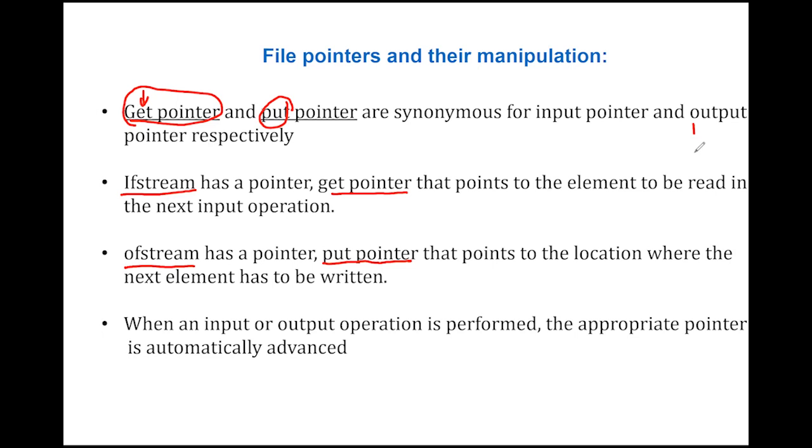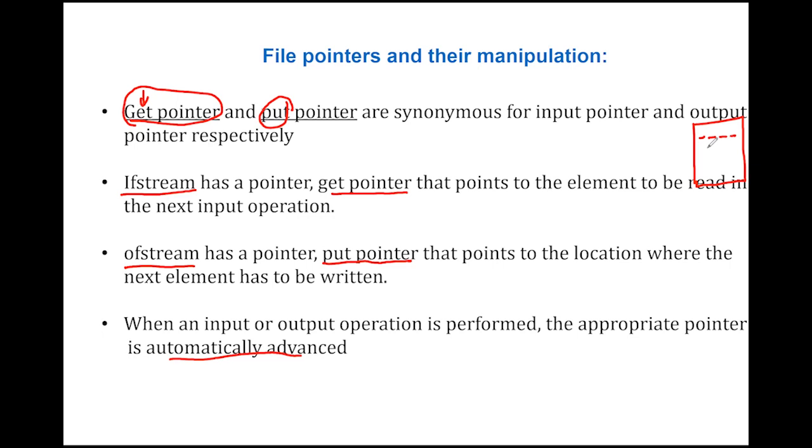Both these pointers, like I said, show us, when we are opening the file and reading or writing, the location of the next word or letter we are going to read or write from. So that is what a pointer is all about. When an input or output operation is performed, the appropriate pointer is automatically advanced. Obviously, because we need to read the next character.